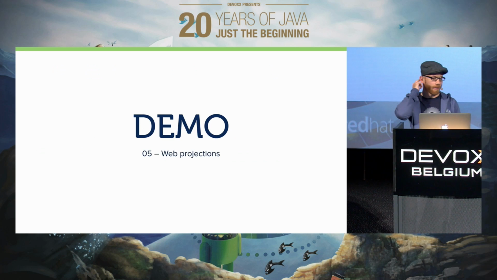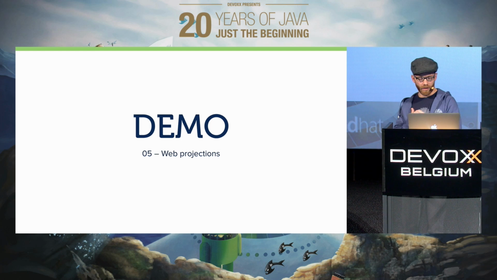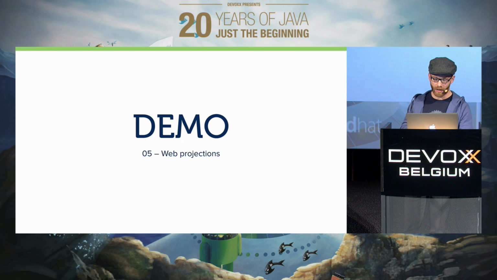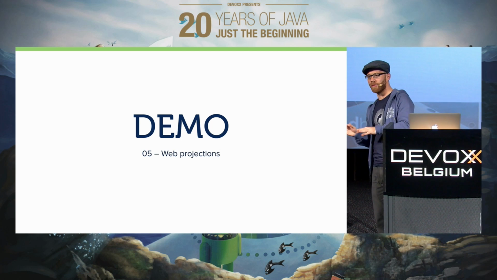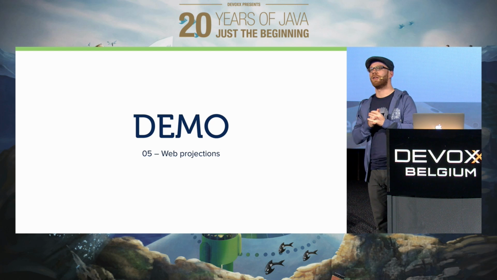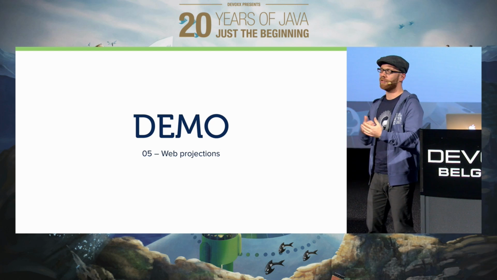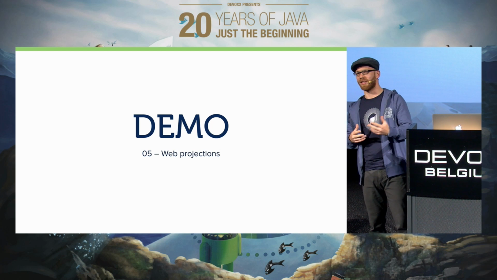That's it here. Okay. Web projections. There's been some code in the Spring Data REST module that I'll show you in a bit that had some API where you could easily create projections onto objects. What does that mean?